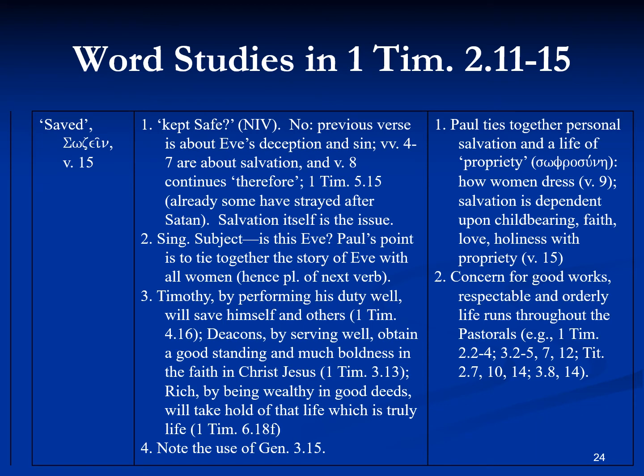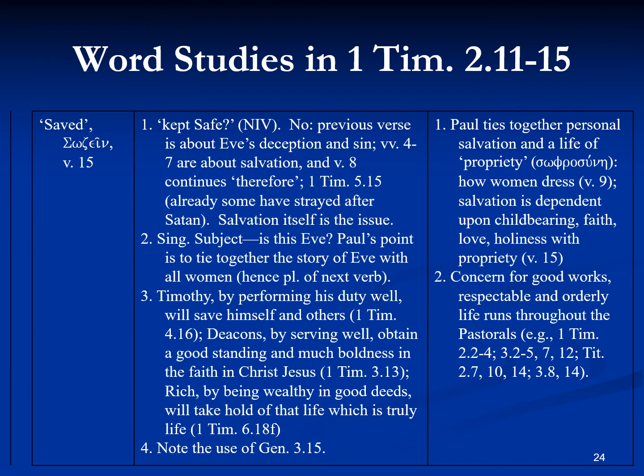So this seems to be what's going on in the text. Further on this, Paul ties together personal salvation and a life of propriety. So sophrosune, self-control, what is proper and right to do. It relates to how women should dress. It relates to salvation through childbearing, faith, love, holiness, and propriety or self-control.